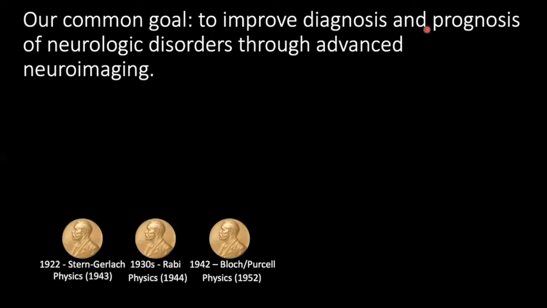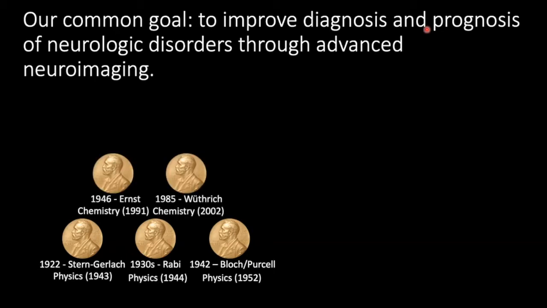Our common goal, I think, among all of us and many scientists in the area of advanced imaging is to improve diagnosis and prognosis through advanced techniques for imaging. Particularly, this is through MRI, because MRI itself is very well suited to doing this. I like to show at the beginning of classes that I teach that the Nobel Prizes awarded in our field, the basics of MRI, were initially in physics in the earliest part, and then moved to chemistry, with NMR.